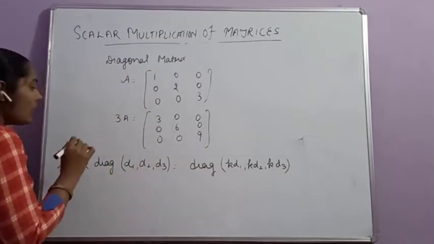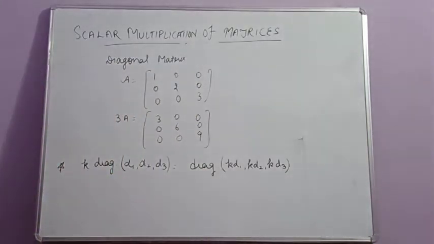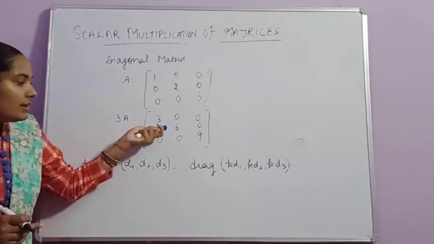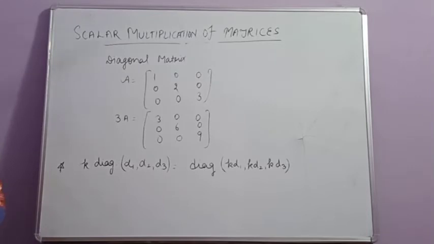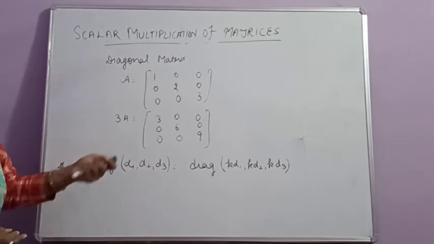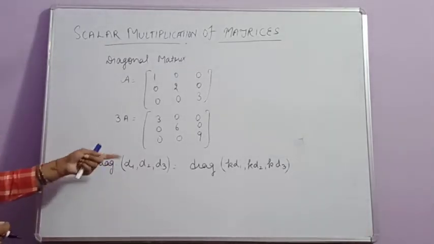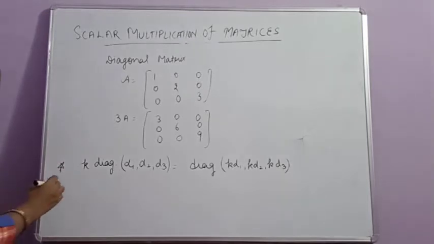As we know that all elements other than principal diagonal elements are equal to 0, so if we multiply 0 by any scalar, then it will give the resultant 0. Clear? So we can write it in short form.